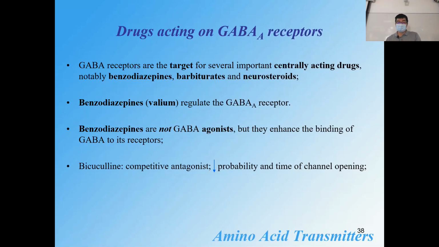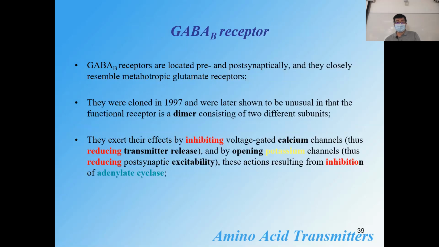So again, don't worry too much about those drug names. GABA B receptors are located pre and post synaptically. They were cloned in 1997, and they function as a dimer. They inhibit the voltage-gated calcium channels and open the potassium channel.